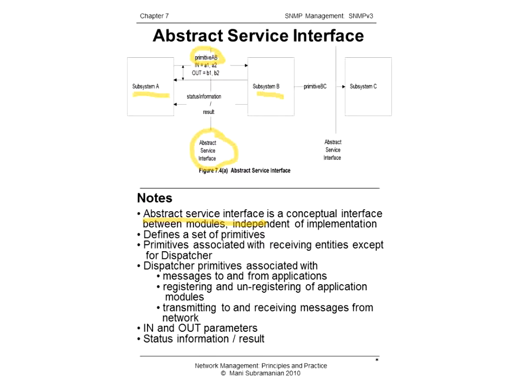A primitive has in and out operands or parameters, which are the data values. This is the in, this is the out. These are indicated by A1, A2 and B1, B2 respectively.